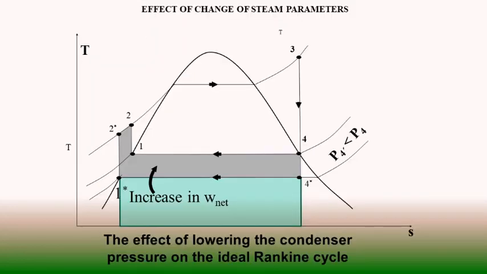There may be an opportunity to improve cycle efficiency by lowering the condenser pressure. But the condenser pressure is dependent upon the process of condensation, and condensation itself is dependent upon the amount of heat transferred in the circulating water system.